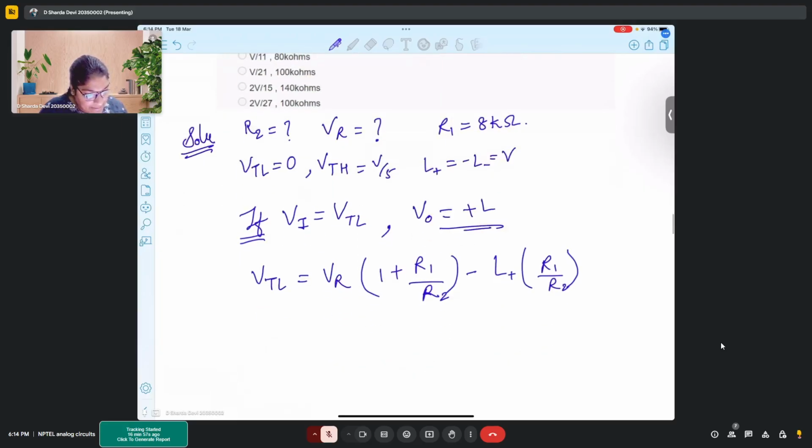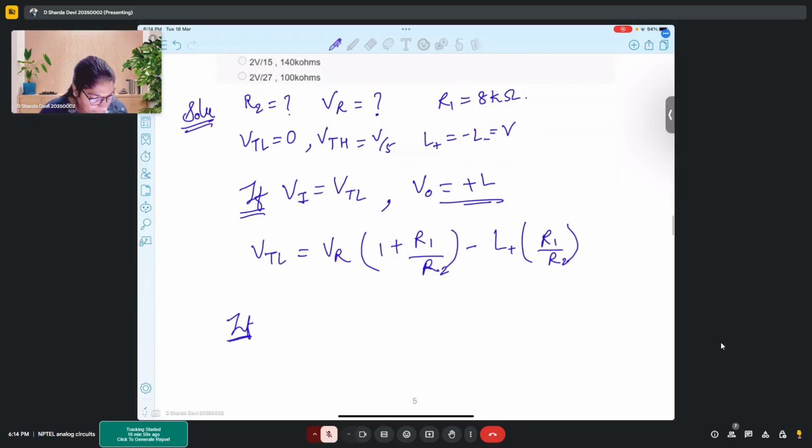And if Vi becomes equal to VTH, Vout will come out to be minus L. Similarly, the way the Schmitt trigger works, as we saw yesterday, as you touch the upper limit, your output flips.